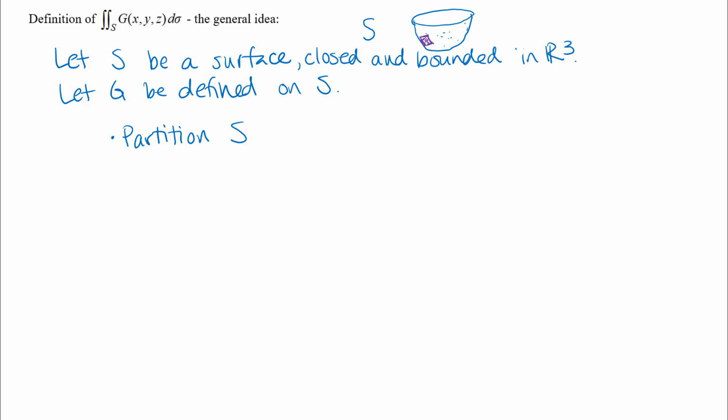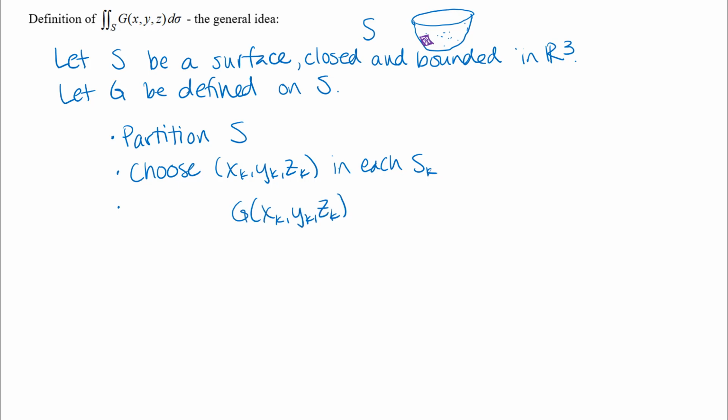The little pieces of our partition here would be pieces of surface area. So we'll choose a point in each of those elements of the partition, and we would plug those points into our function. And then we want to evaluate some kind of Riemann sum where we have the function outputs times the size of the pieces in our partition.